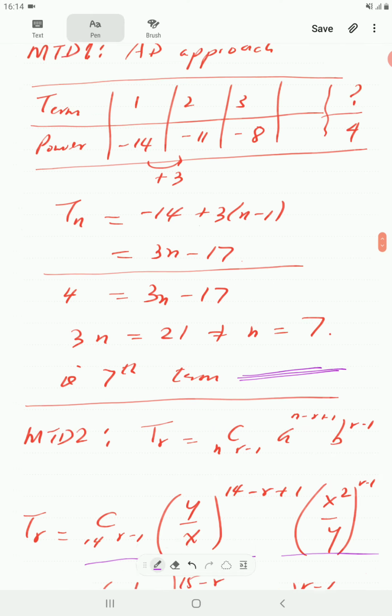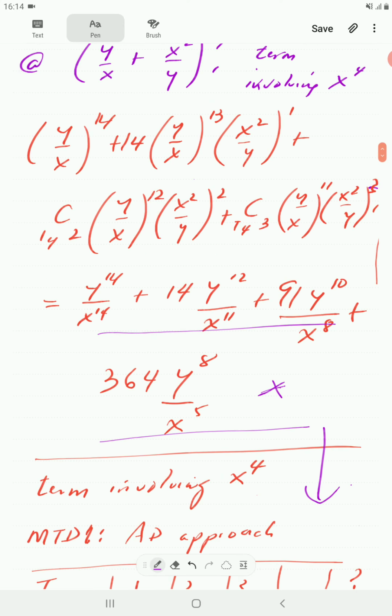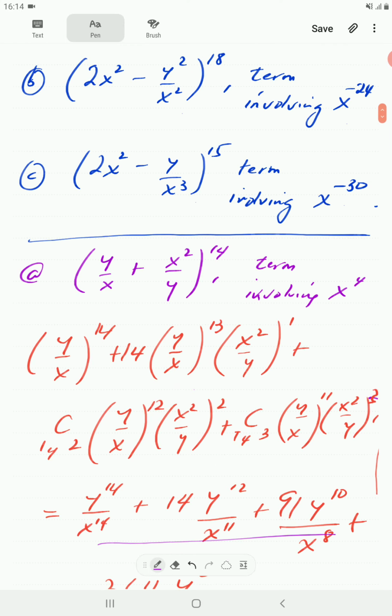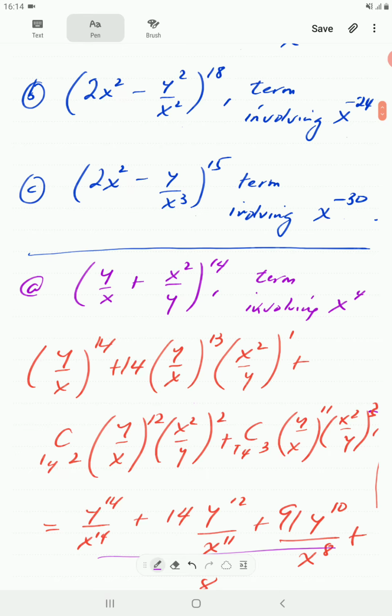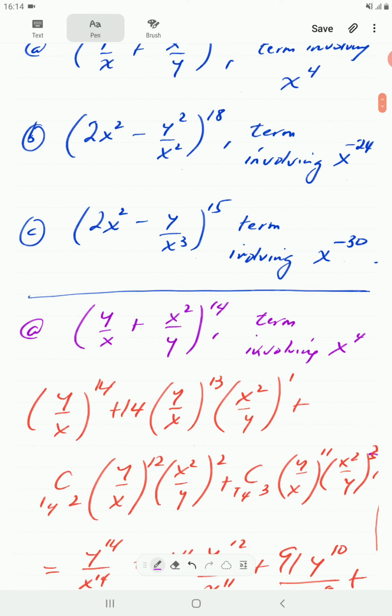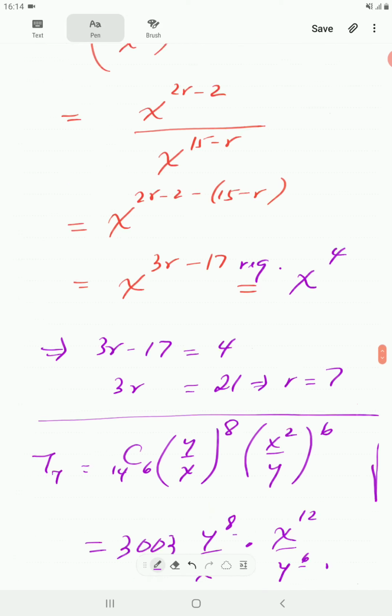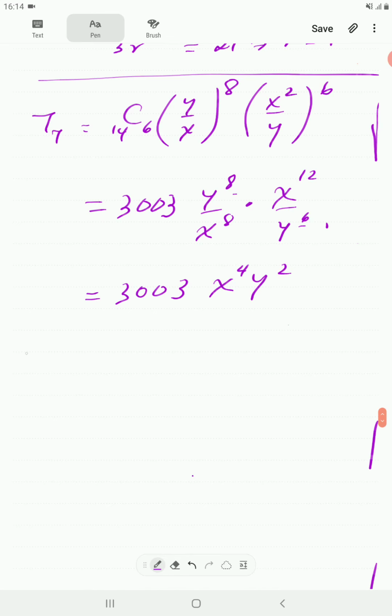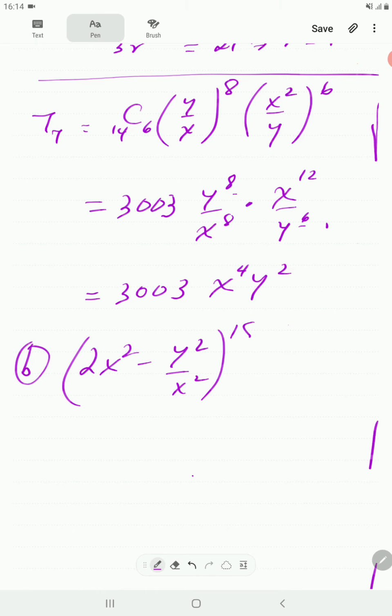The second one, we have 2x squared minus y squared over x squared to the power 18. So 2x squared minus y squared over x squared to the power 18.